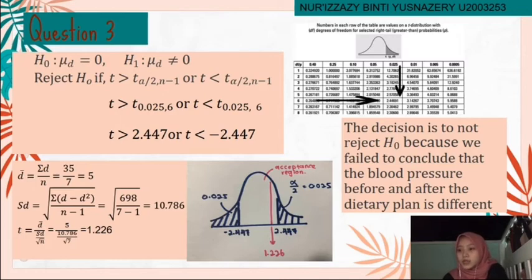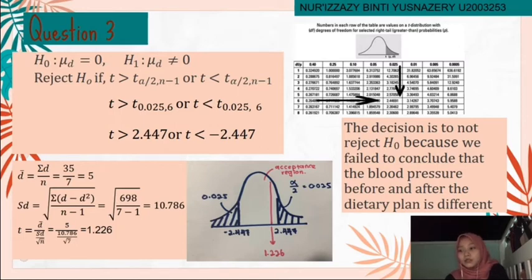Next step, we need to find the T statistic to determine whether we accept or reject the null hypothesis. Since our alternative hypothesis has a not-equal sign, our graph will be a two-tailed test. We need to divide our significance level by 2. In the question, our significance level is 0.05, and dividing by 2, we get 0.025.